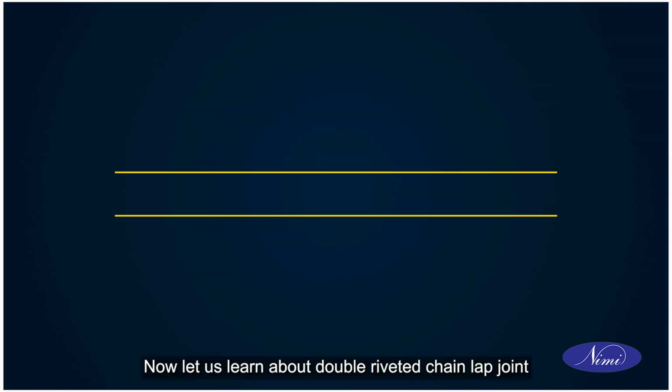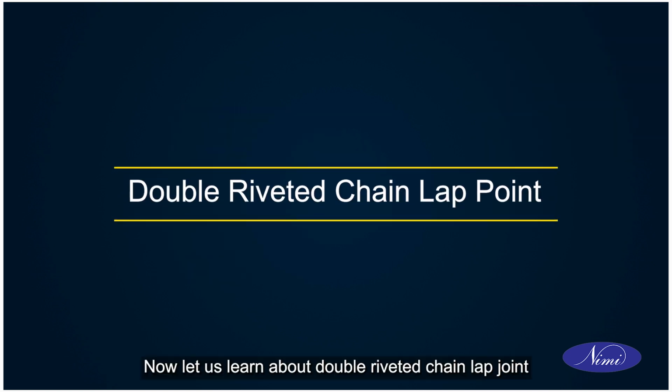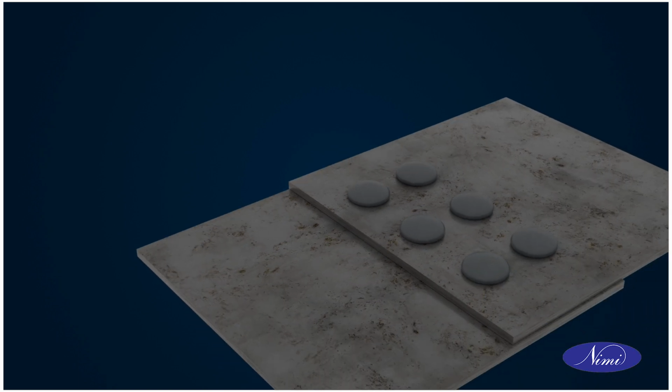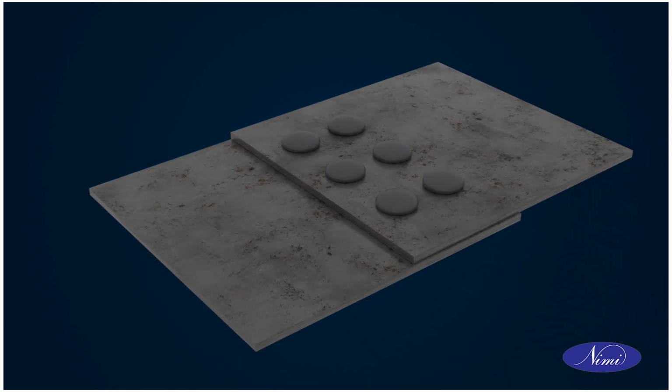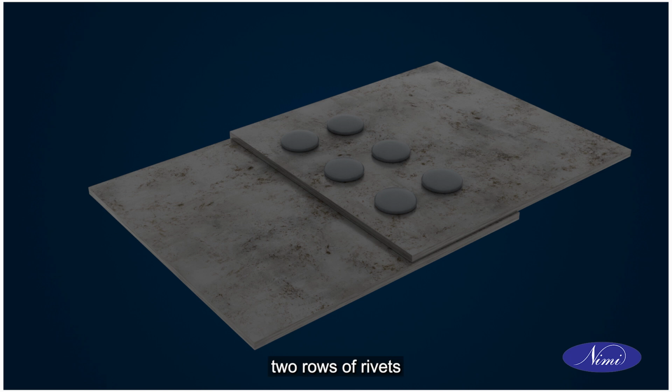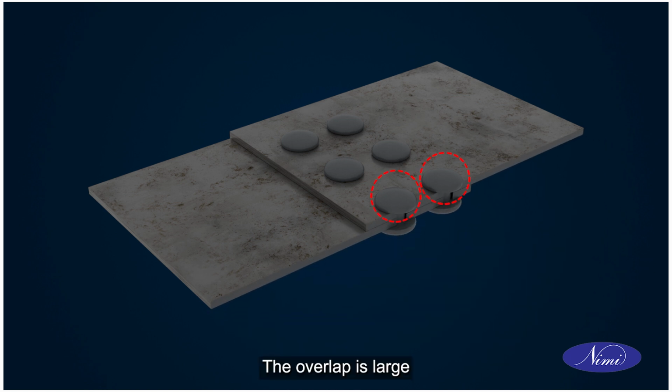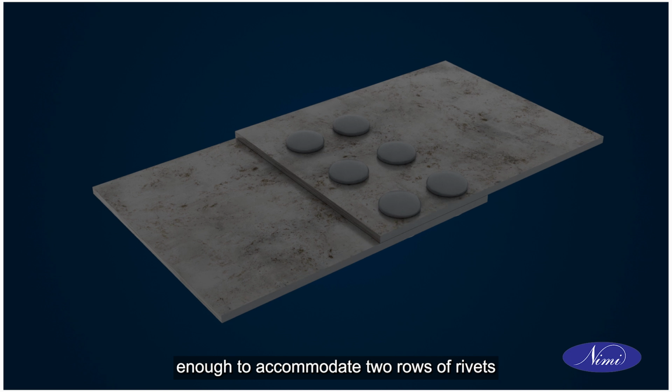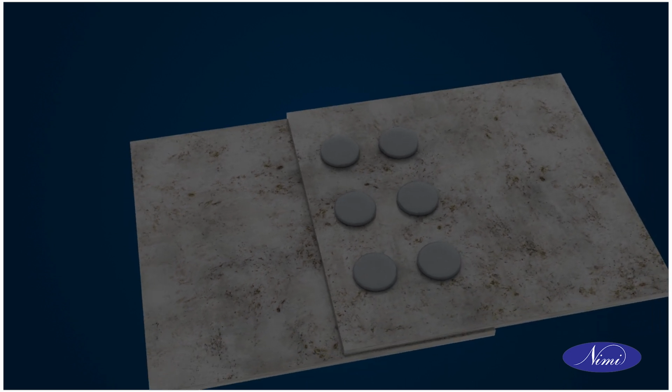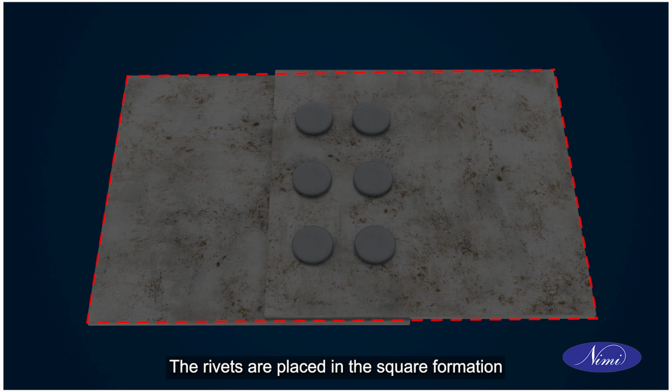Now, let us learn about double riveted chain lap joint. This type of joint will have two rows of rivets. The overlap is large enough to accommodate two rows of rivets. The rivets are placed in a square formation.